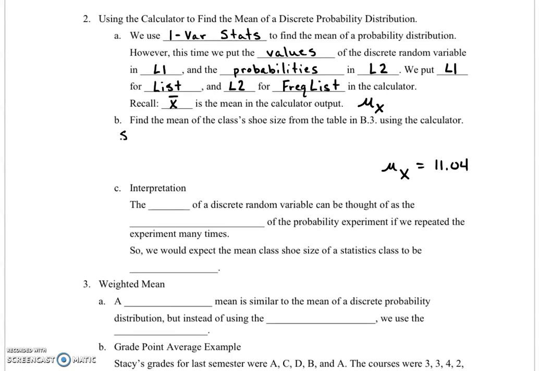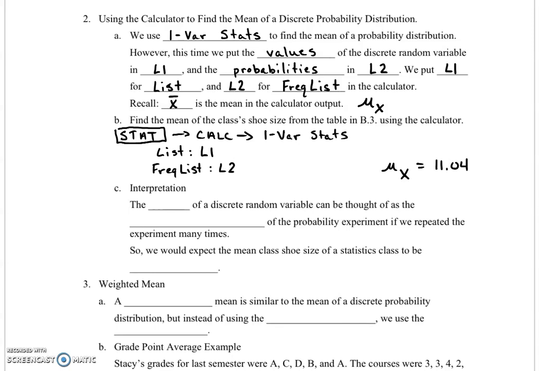And we got there by hitting the stat key, and then we went to the calc menu, and we went to one var stats. And for list, we put L1, and for freq list, we put L2.